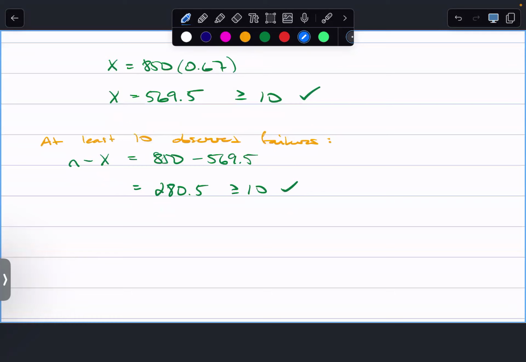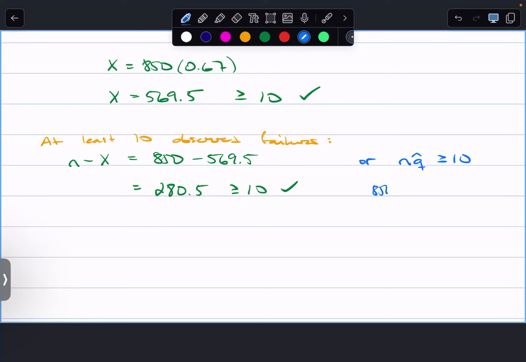Alternatively, what you could do is use N times Q hat, Q hat being the proportion of failures. Either way has to be greater than or equal to 10, and you would find the same thing.